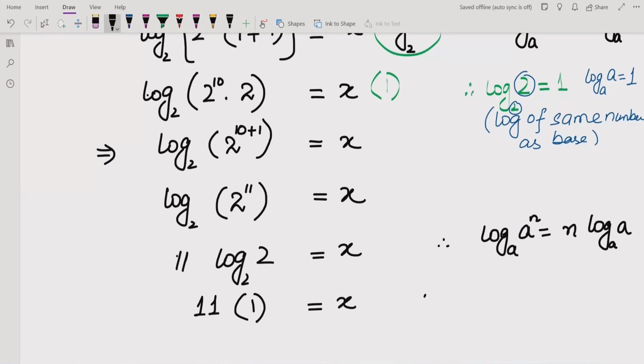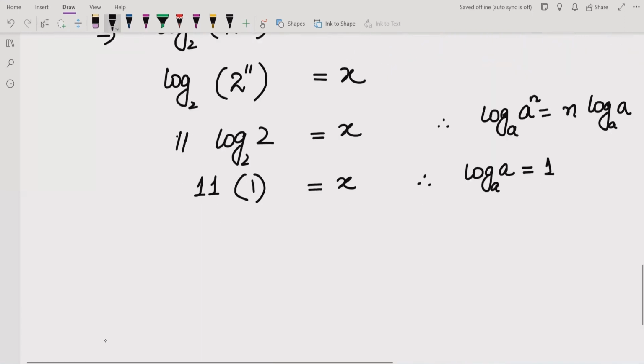Here we give the reference: log base a of a equals 1, because of this rule, log of the same number as the base is equal to 1. So now x, 11 times 1, 11 equals x. You can say x equals 11 here.